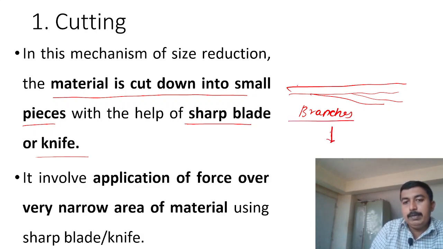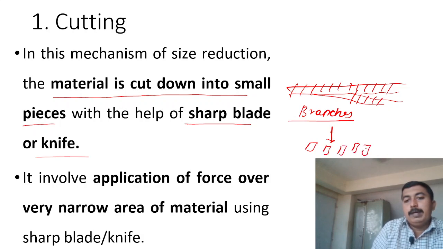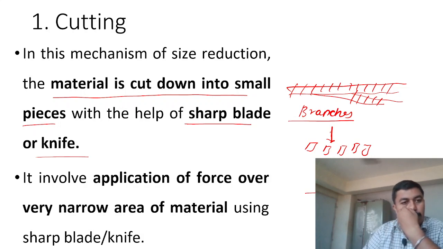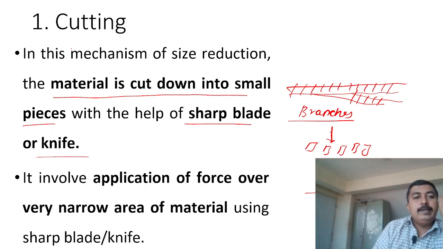Instead of that, I will just cut with the help of different sharp blades or knives, so that I will get different pieces. And later on, these pieces I will subject to size reduction with the help of different mills to get a fine powder material like this. So in the cutting mechanism, the material is cut into different pieces with the help of knife or blade.